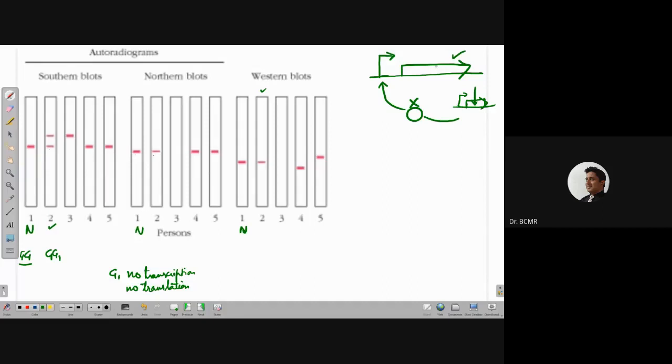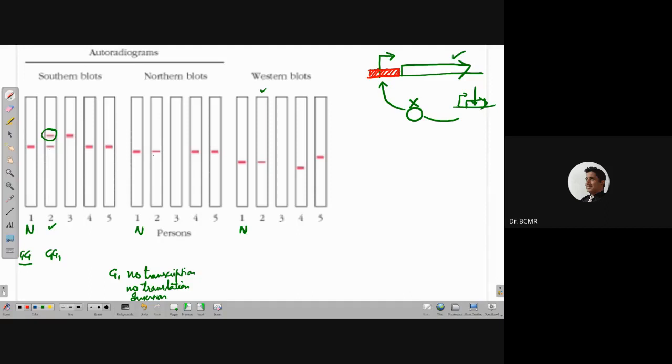That is possible, but one should look at this band here. There is a second band in the Southern blot, which shows increased size, which would mean that most likely it is an insertion within that region, and the insertion may have occurred mostly in the promoter region. That could be the possible answer for it.